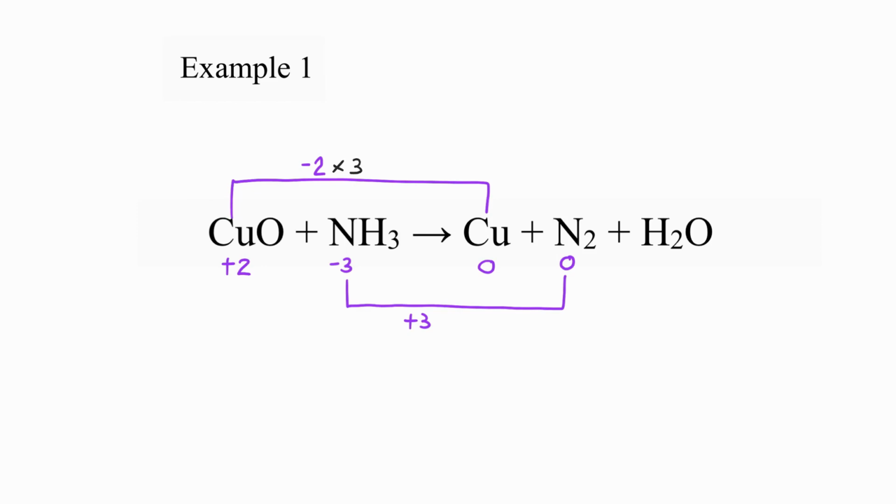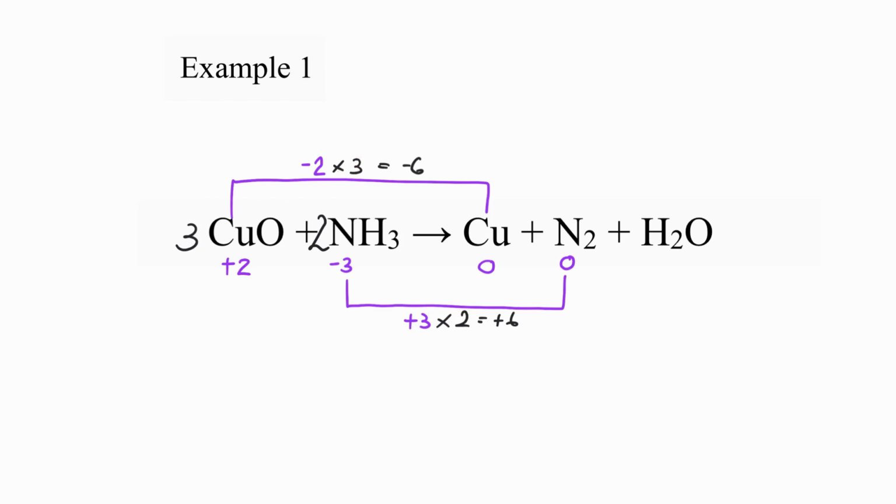We can have ×3 for copper to have -6, and the factor to use for nitrogen is 2. So we multiply 2 for nitrogen. After putting in the factor, we could see the oxidation number is balanced. This is the third step here, where we balance the oxidation number making use of a factor.